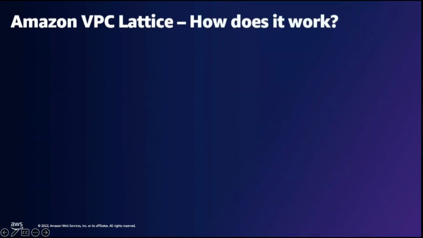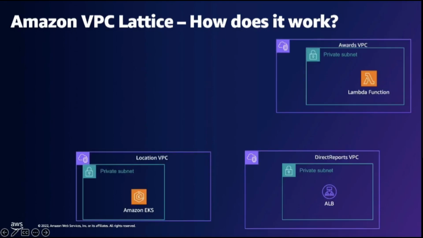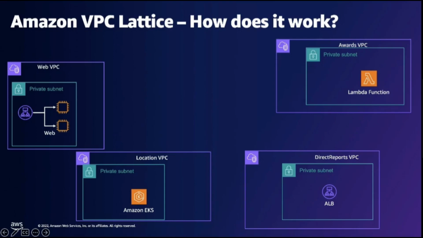So let's have a look at how it works. Let's imagine that we've now added more microservices. We've got a location microservice, a direct reports microservice, and an awards microservice. And of course, we've got our employee directory application. We know that this application needs to consume from these services.